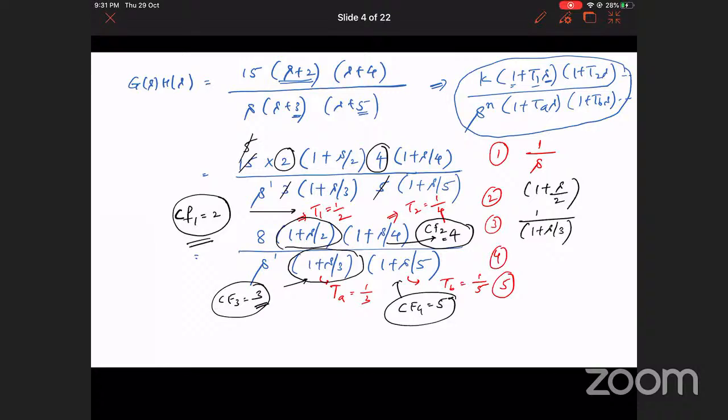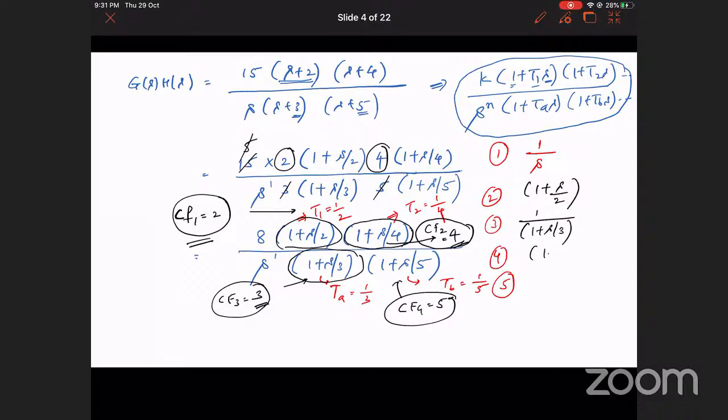After corner frequency 3, what is the next corner frequency? Can anybody answer me, the one who is watching? Come on, guys. You only have to follow the ascending sequence, nothing else. The next in ascending sequence is corner frequency 4, guys, which designates the zero.